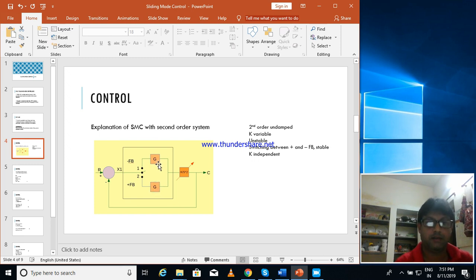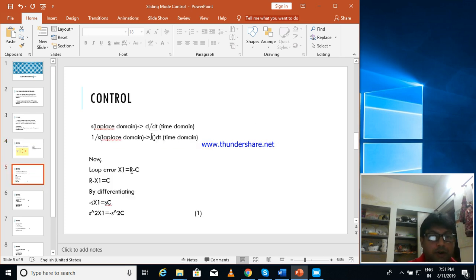And when we finally derive the mechanism, we will understand it is independent of the plant gain K. The excitation we have used is a unit step signal R, and x1 is the error, and there is a feedback path of unit gain, and C is the output.